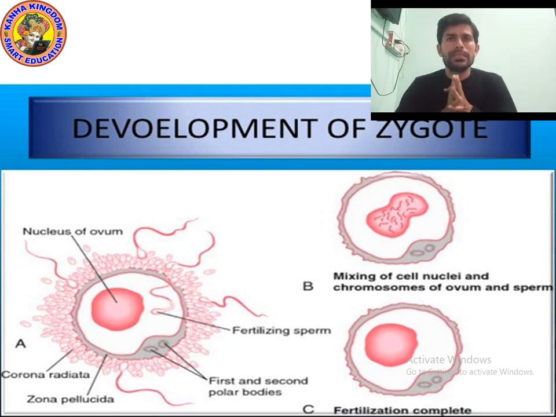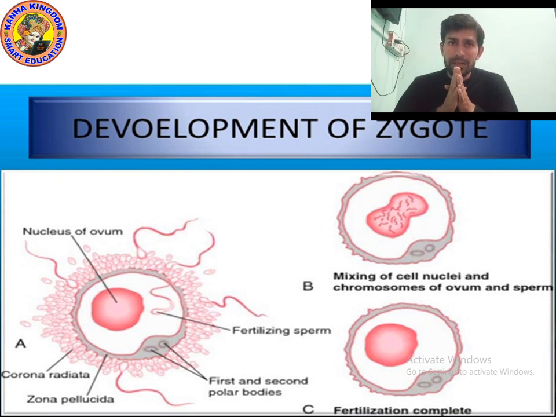So what happens when the sperm, meaning the male gamete, reaches the fallopian tube? They fuse and form the fertilized egg, or you can say they form the zygote. How does it reach the egg?